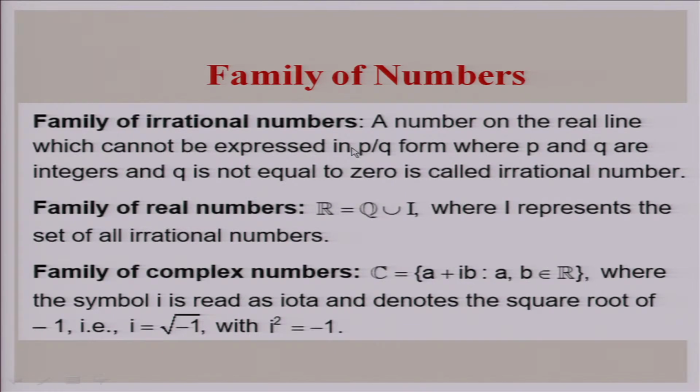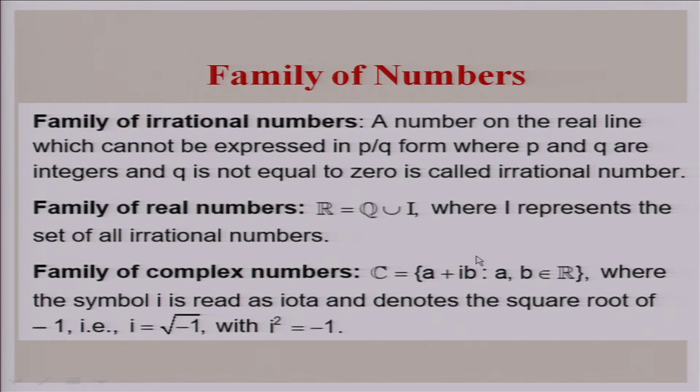In the case of irrational numbers, examples are root 2, root 3. If you write 2.1, then 1 0, then 1, then 2 0, then 1, then 3 0, then 1, and so on, this is also an irrational number, because irrational numbers cannot be expressed in the form p by q, where p and q are integers and q is not equal to 0.